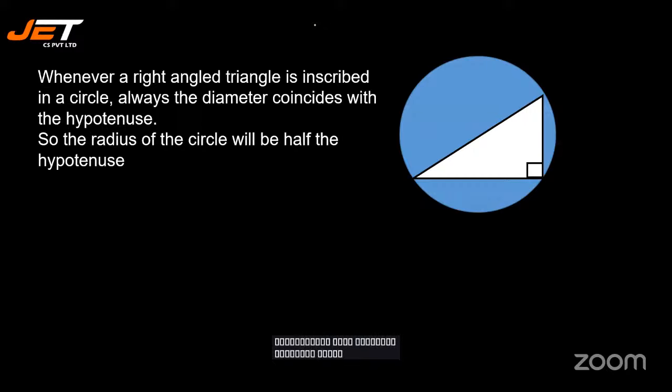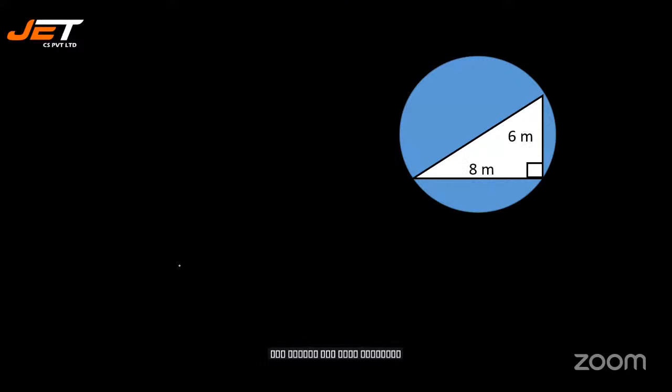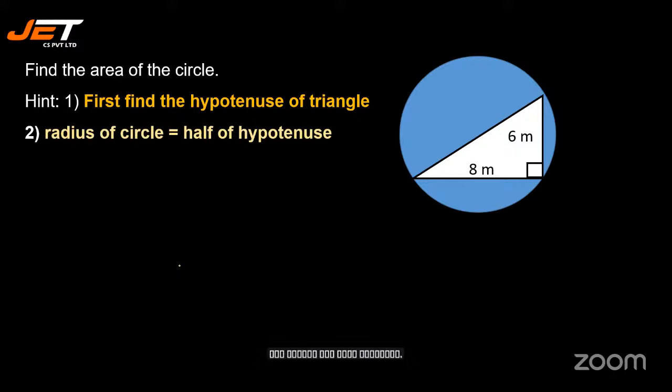Whenever a right-angled triangle is inscribed in a circle, always the diameter coincides with the hypotenuse. So the radius of the circle will be half the hypotenuse. Now see, find the area of the circle.